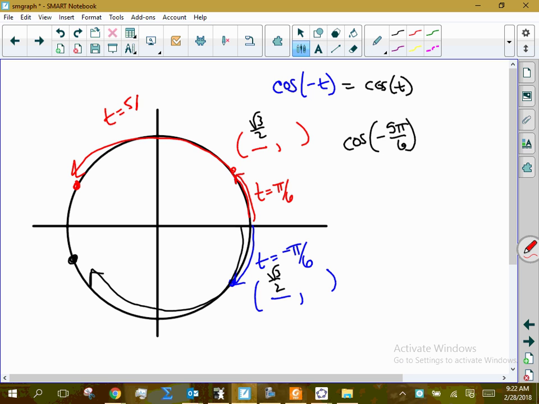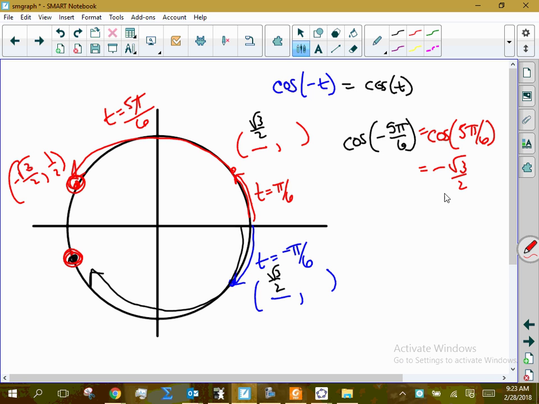That's t equals 5 pi over 6. That might be easier because now I might know that's root 3 over 2, 1/2, and the root 3 over 2 is negative. So the cosine of that point is identical to the cosine of that point. So I can say it's equal to cosine of 5 pi over 6 instead, which we know is negative root 3 over 2. Does that make sense to everybody?